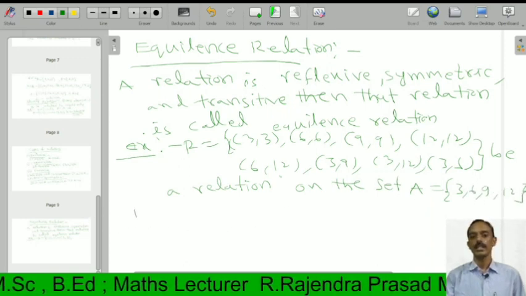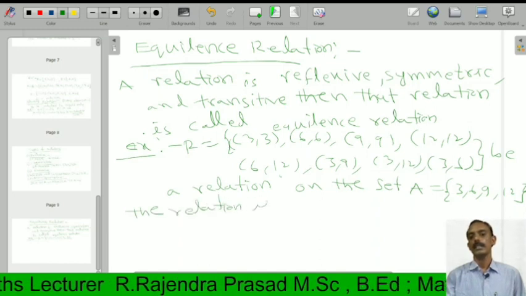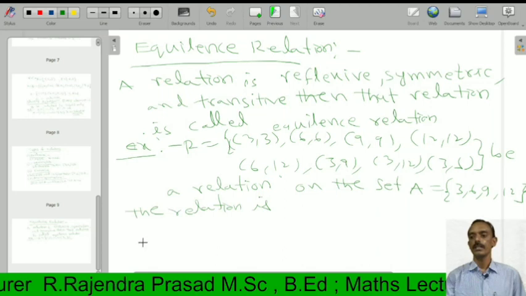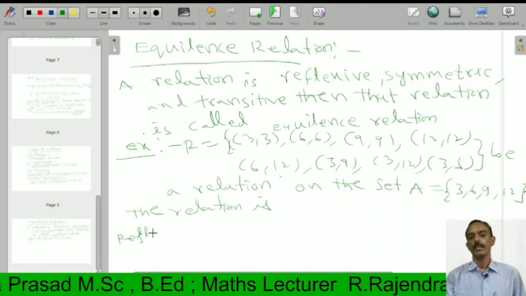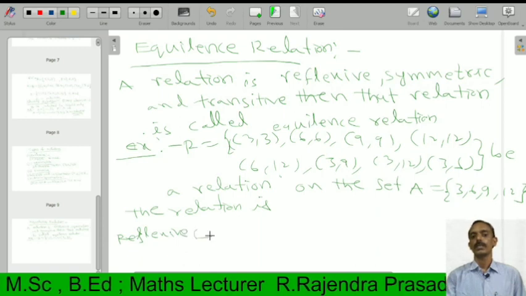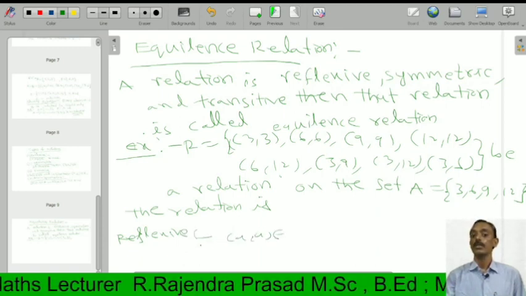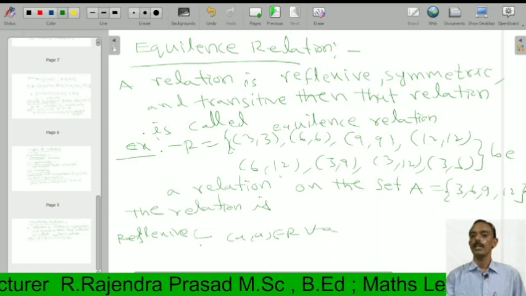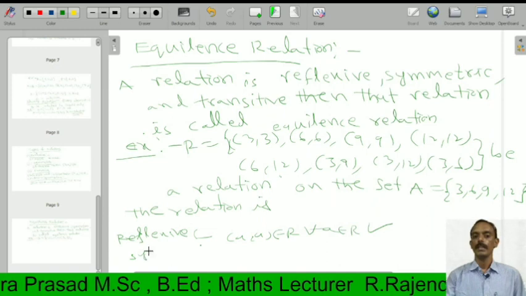The relation is reflexive. Reflexive means (a, a) belongs to R for all a.